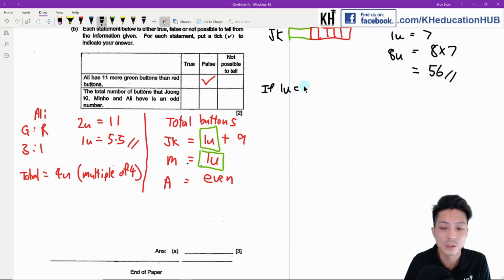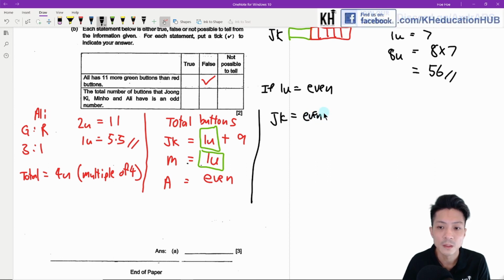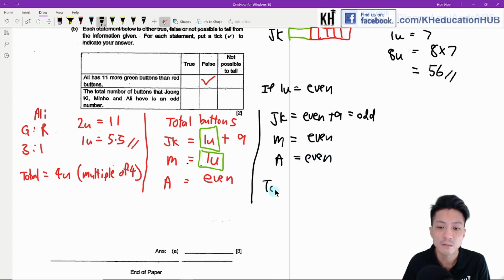If 1 unit is equal to even, okay, JK is gonna be even plus 9, which is equal to odd. Okay, M is equal to even. Ali is even. Okay, total must be odd.